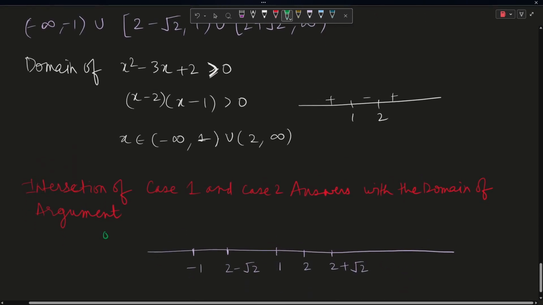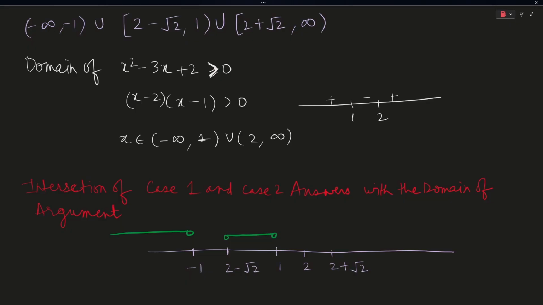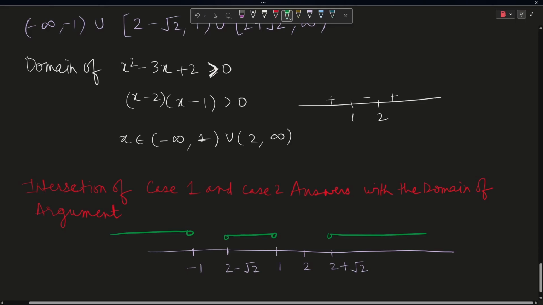So minus infinity to minus 1, 2 minus root 2 to 1, and 2 plus root 2 to infinity, and then the domain. For the domain I can write minus infinity to 1 and 2 to infinity.